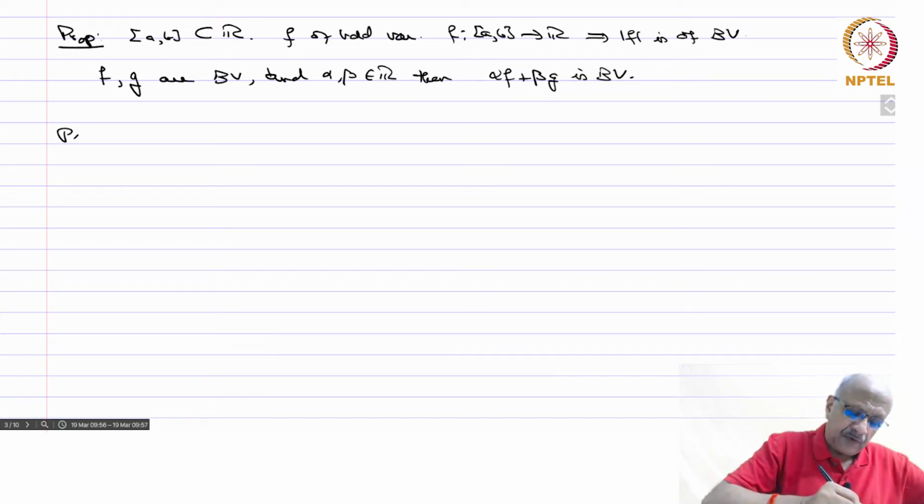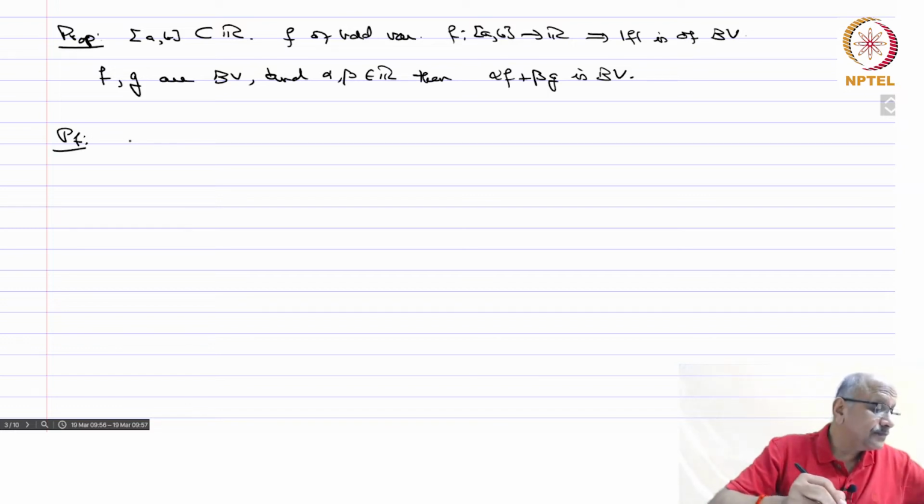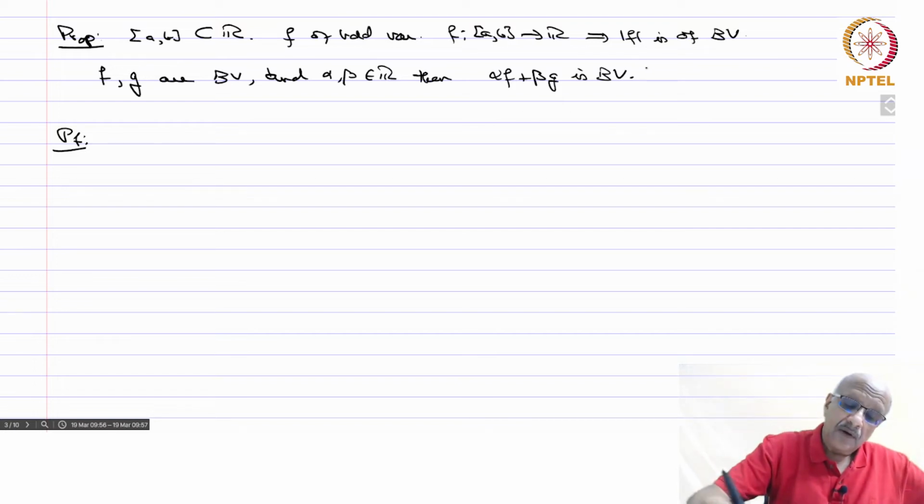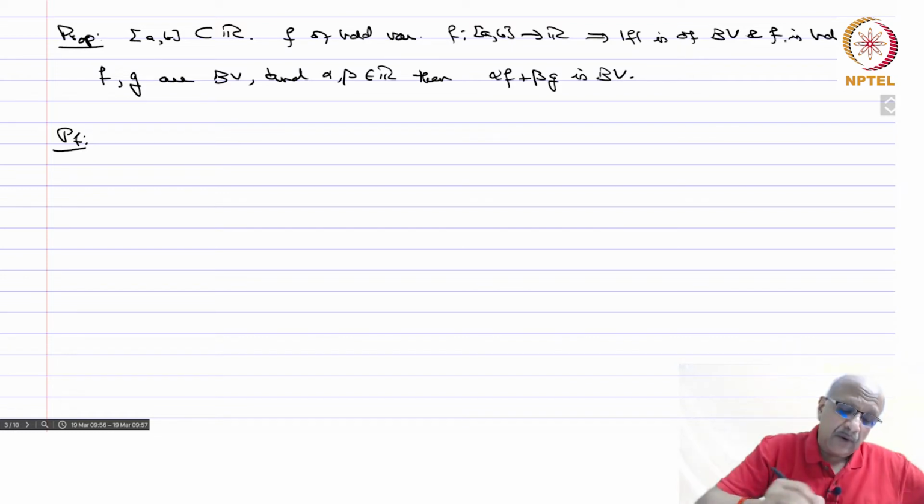So the proof is of course one line, and of course f is bounded, that's also there. So any function of bounded variation is bounded, |f| is of bounded variation, and then this linear thing is true.